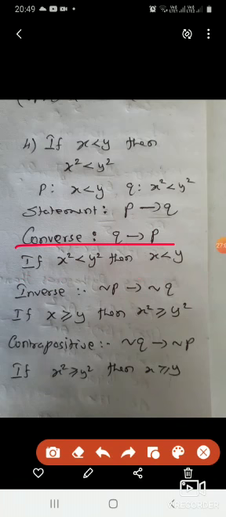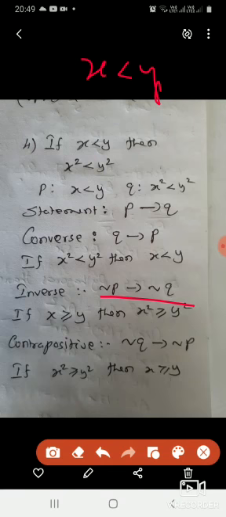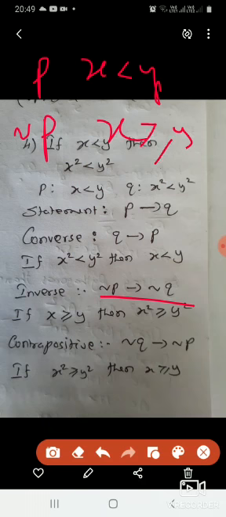This inverse part is negation of P to negation of Q. Actually, P is x is less than y. What is negation of P? x and y not less than, which means greater than or equal to.